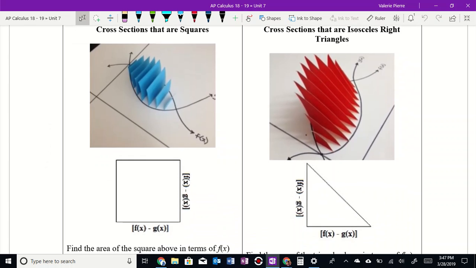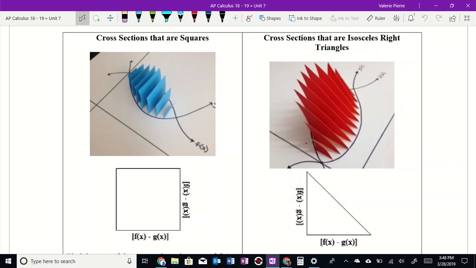So if this is considered the base of the solid, and then we cut it open and we get a square as our cross section, then the length of the square is going to be our upper function, f of x, minus our lower function, g of x.